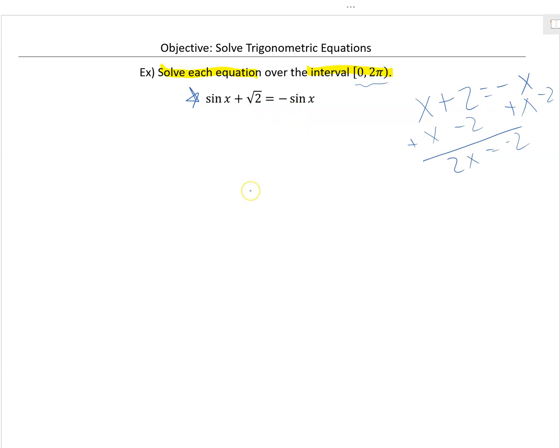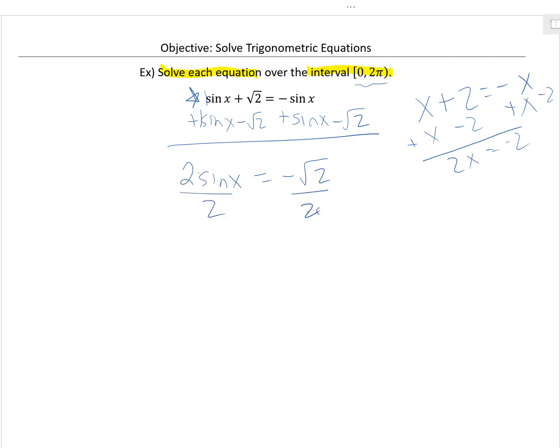So in a trig equation with a similar structure, I would add sine x to both sides, and I would subtract the square root of 2 from both sides. So this is 1 sine plus 1 sine, so that's 2 sine of x equals -square root of 2. And then I'd undo that multiplication, dividing both sides by 2. And I get sine of x equals -square root of 2 over 2.